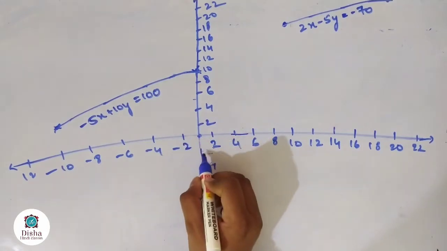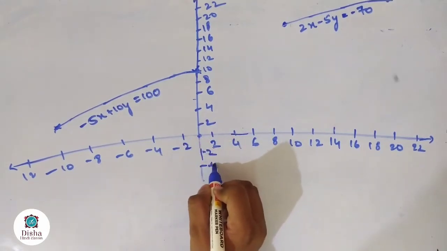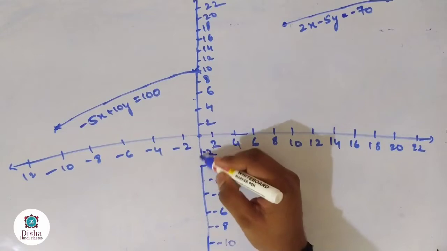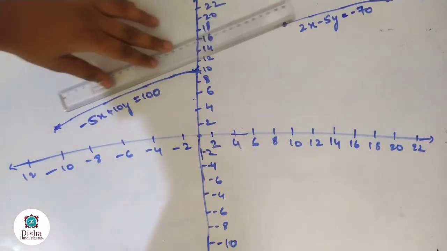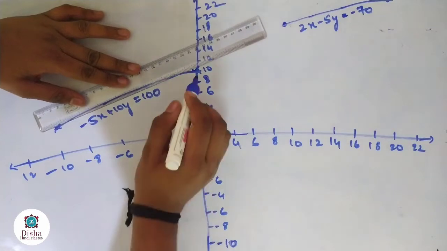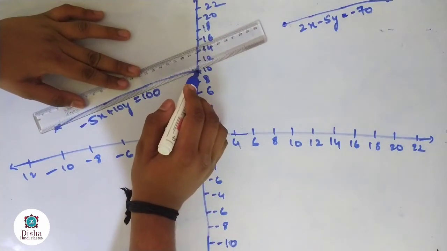Here we have minus 2, minus 4, and so on, minus 10. I'll draw with the help of a long scale. Let us extend both lines up to where they meet. So this is the line that we got.